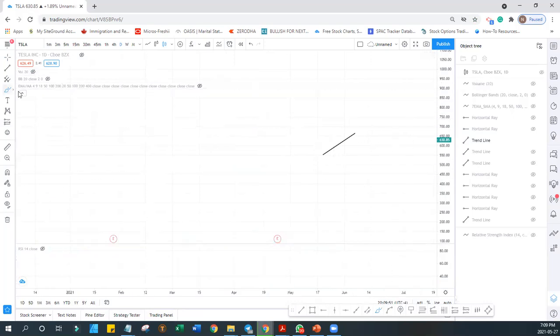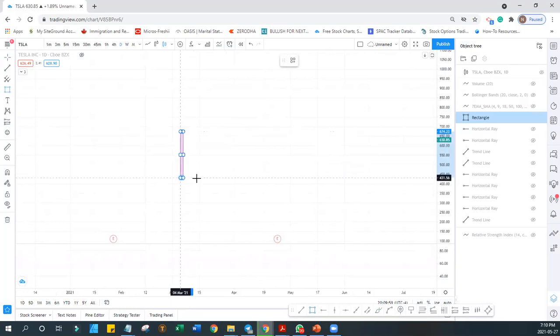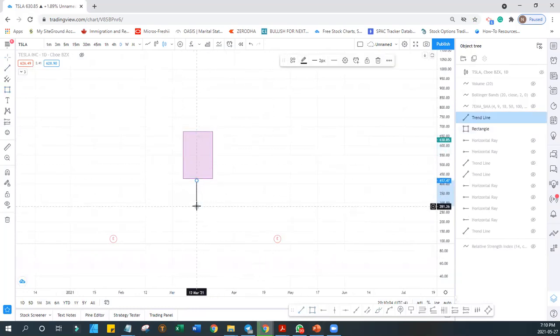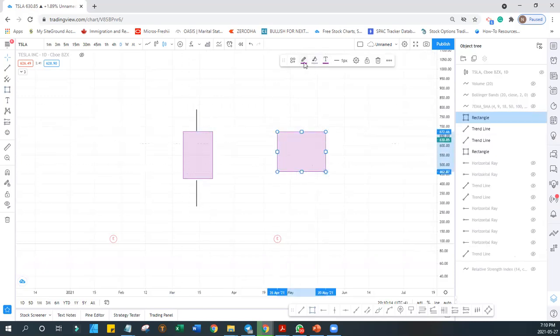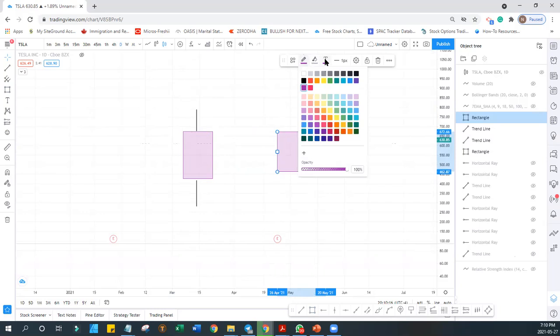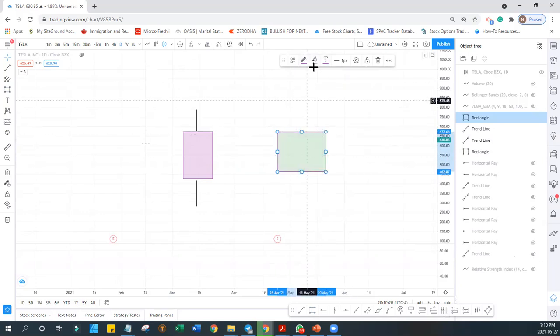So as we know, what is candlestick? A candlestick has a body, and it has a wick, and another wick on the top. Sometimes you have the wick, sometimes you don't. The box you are seeing is the body.